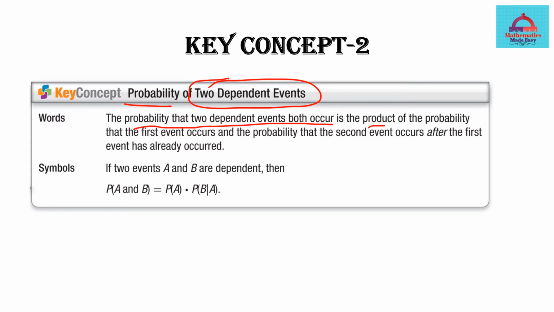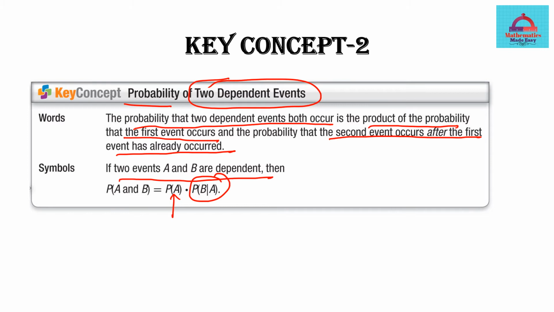Here also you are taking the product of the two probabilities, but the only difference, which is very important, is that when you're taking the product of the two dependent events, you're also considering the fact that the first event has occurred, and then the second event is occurring after the first event has already occurred. So this probability, B given A, is calculated after the first event, which is A, has already happened.